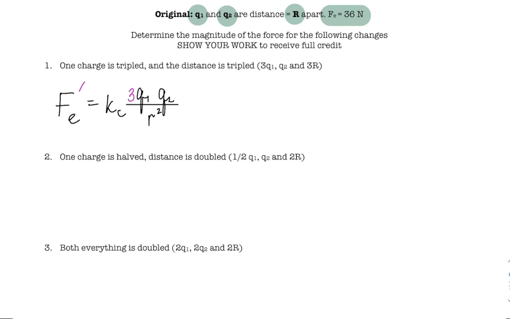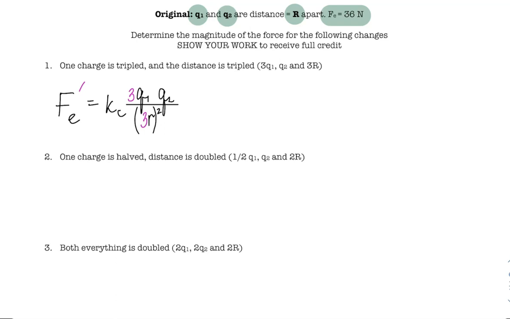And they also say that the distance is tripled, so I'm going to put 3 right here. Now, the very important thing is you have to realize that r is squared. So if we tripled the distance, it's 3r squared. 3 is squared just like r is.